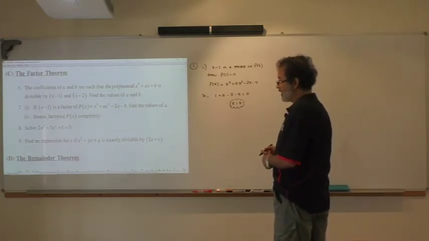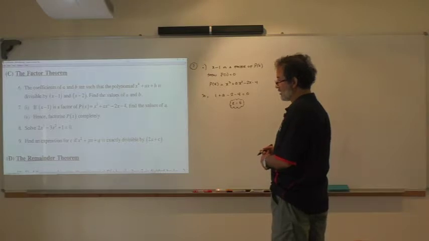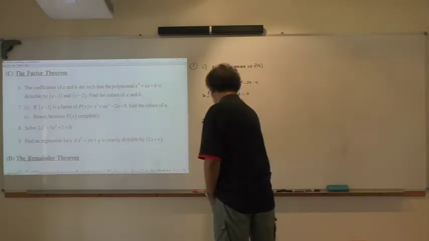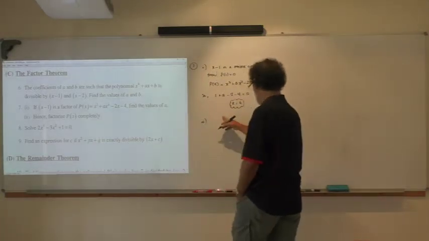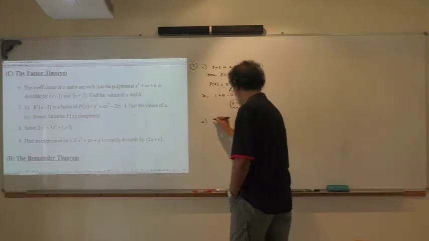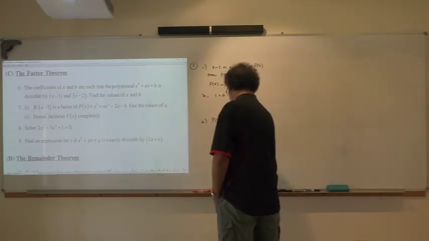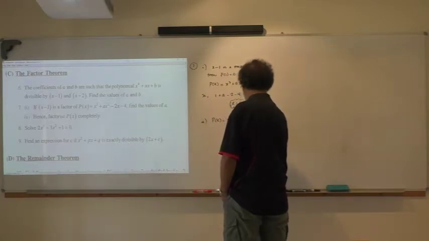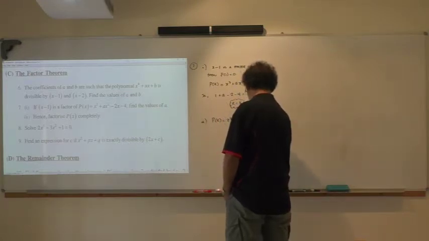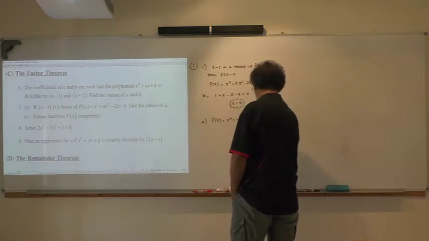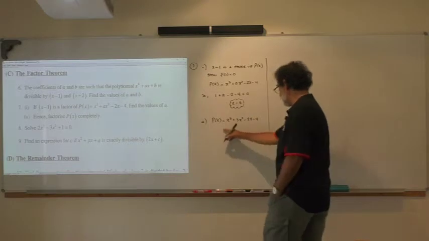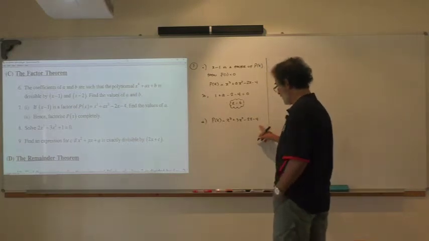And then they said that you have to factorize p of x completely. So my polynomial now is x cubed plus 5x squared minus 2x minus 4, and we need to factorize this completely.